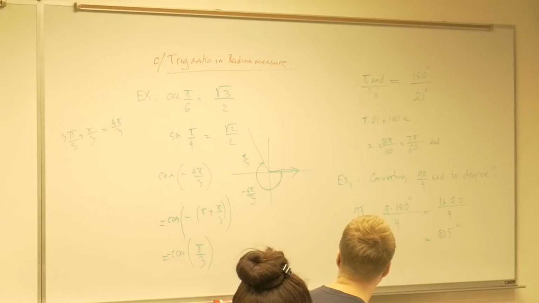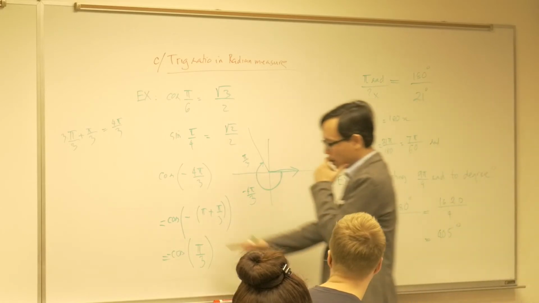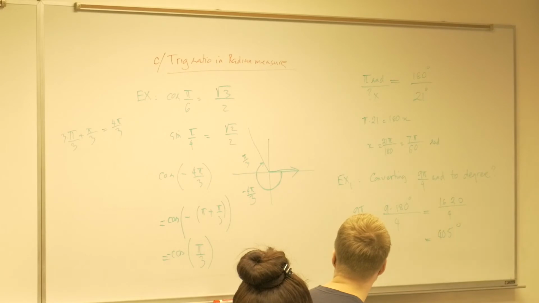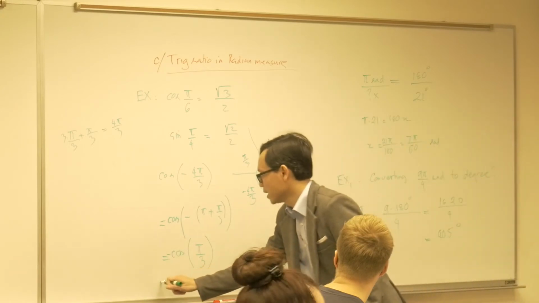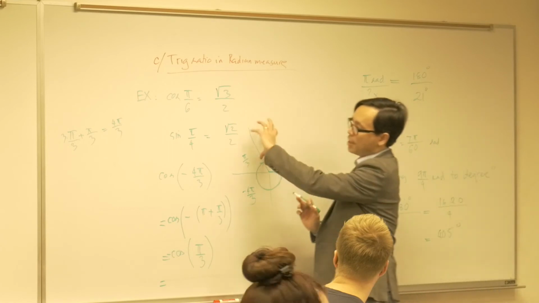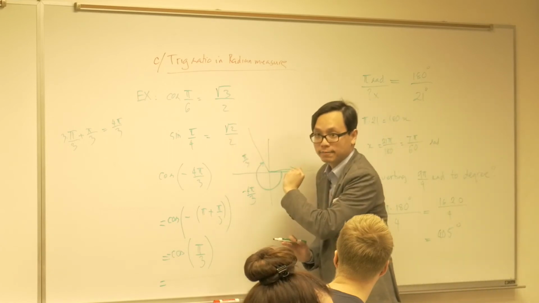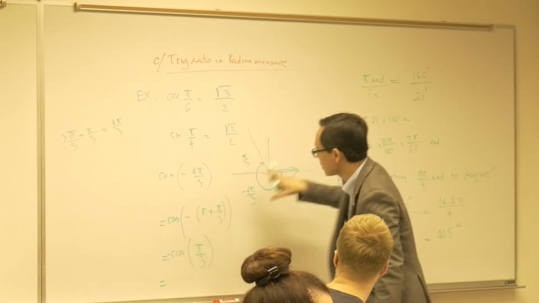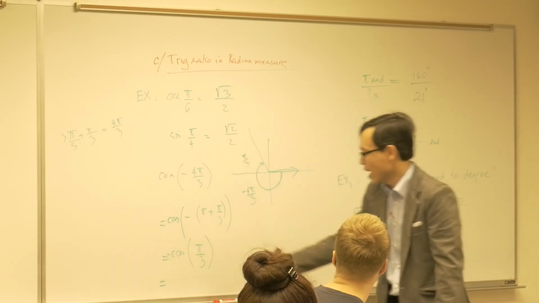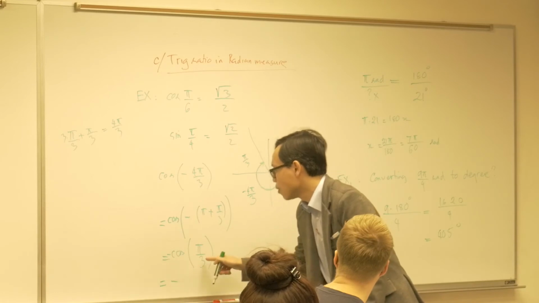Because this is cosine, this one is cosine negative, but we have another negative here. So yes, it is. It gives you negative cosine of pi over 3, because in this quadrant cosine is negative. This negative here just tells you whether it goes counterclockwise or clockwise. So the answer here will be negative of cosine pi over 3.